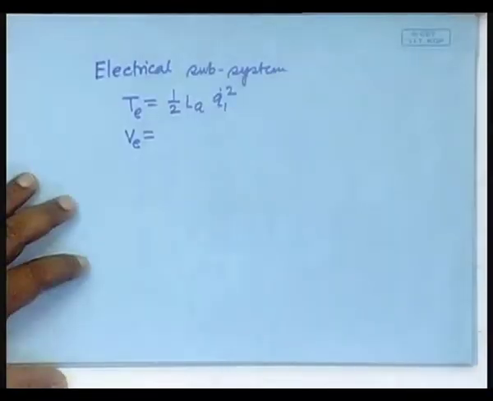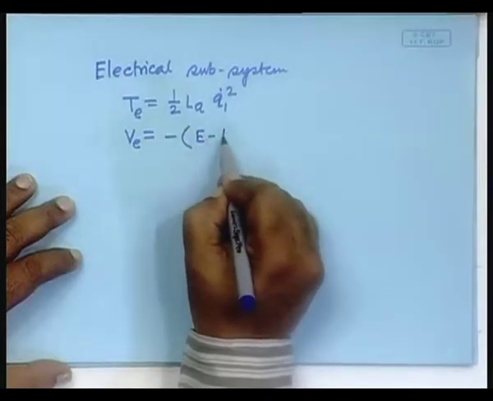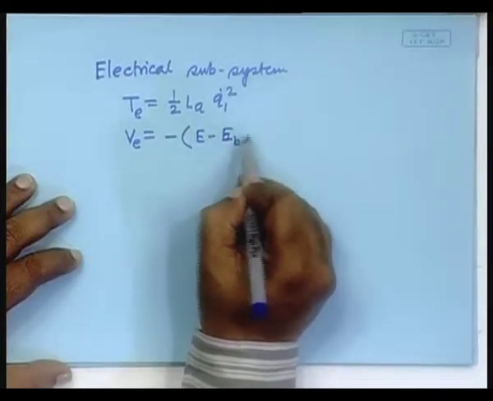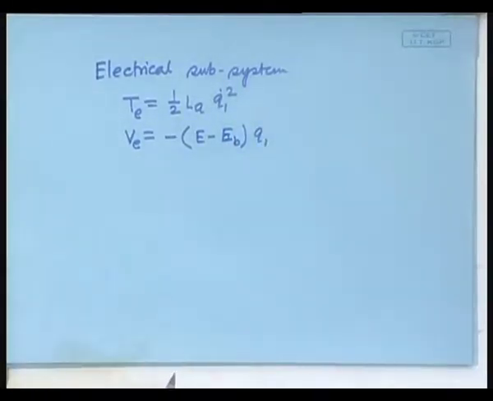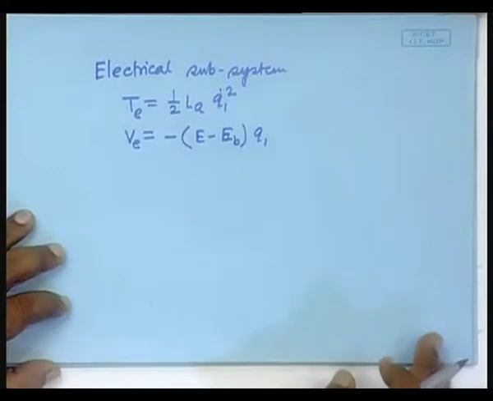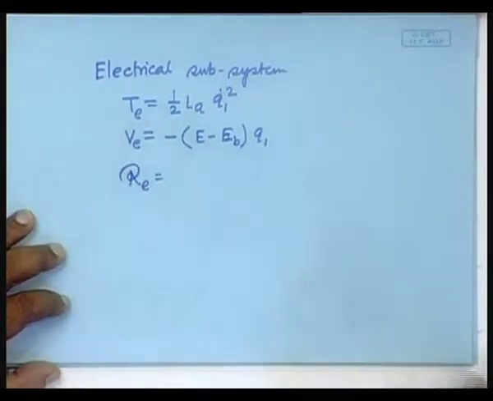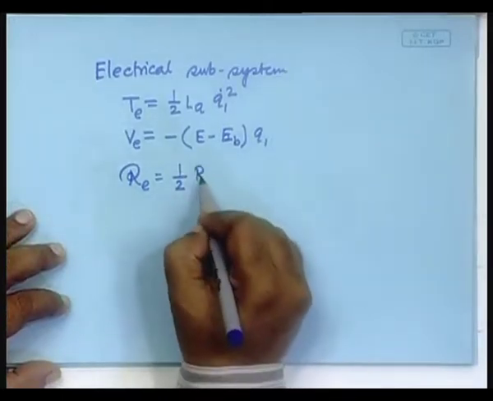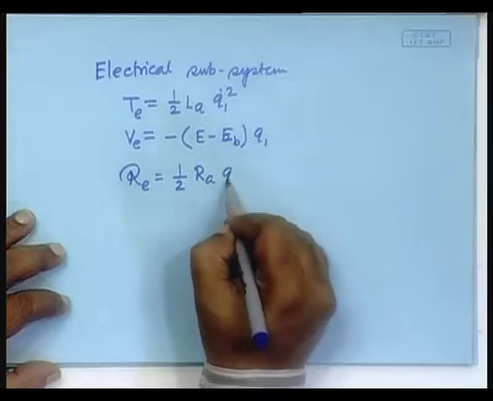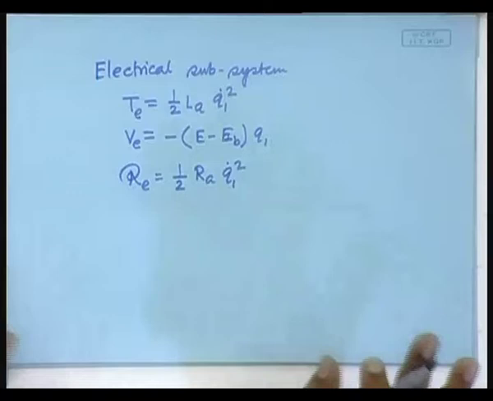So, we will have to put a minus (E minus EB) into Q1. The Rayleigh term of the electrical subsystem is half RA Q1 dot square, right. So, done.